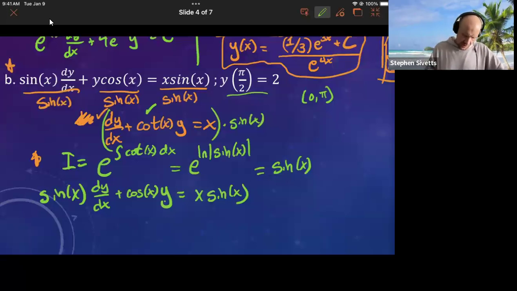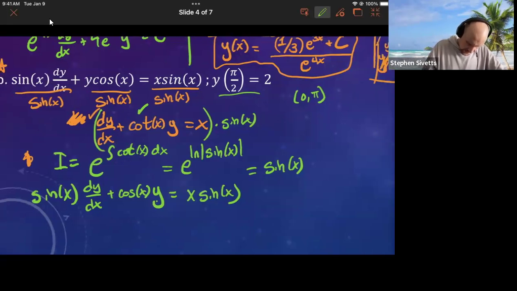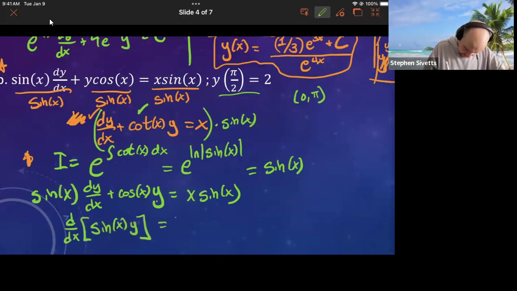And so on the left-hand side, we can just express this as d dx of sine of x times y, and this equals x times sine of x, okay?